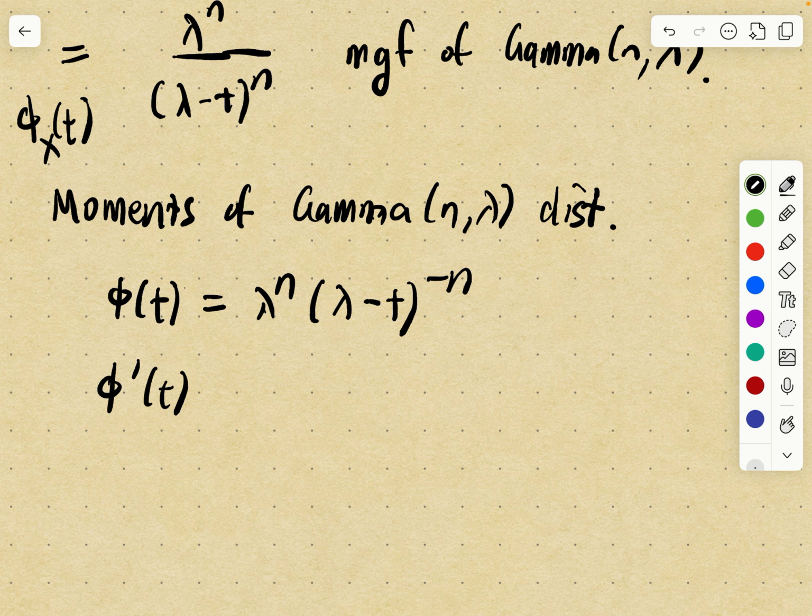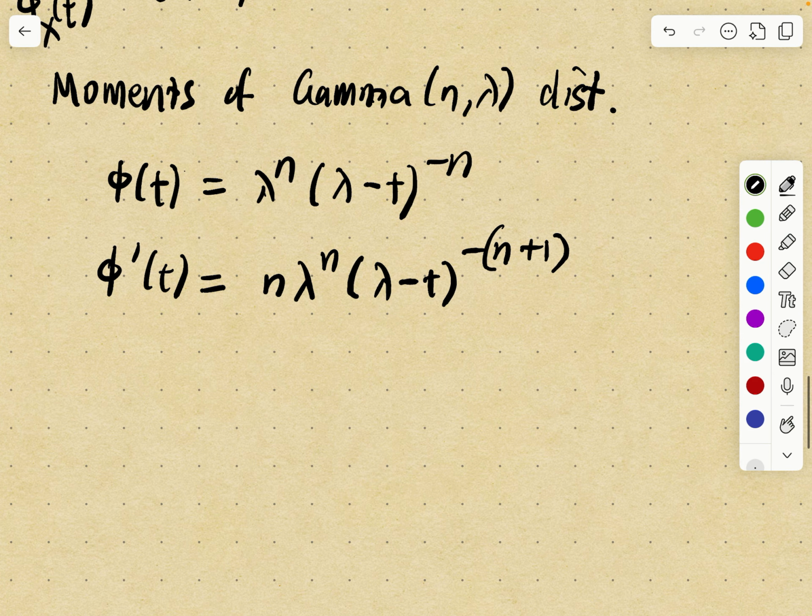If you take the first derivative, you bring the negative n down, but by the chain rule there's a negative on the inside, so they cancel. So you get n times lambda to the n times (lambda minus t) to the negative (n plus 1). It would be negative n minus 1, but I just want to leave it like this.